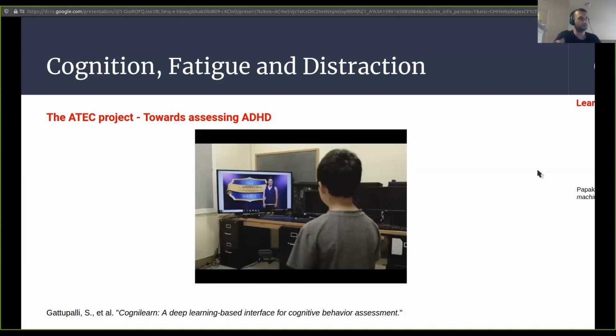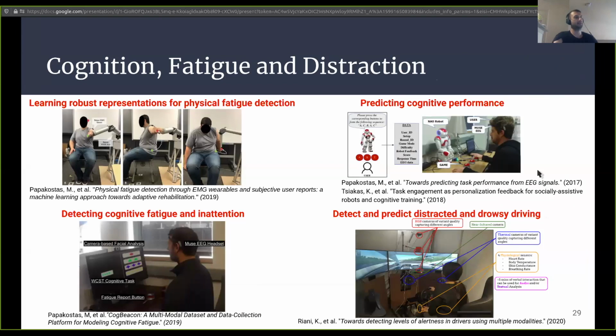And similar to that, most of my recent research interests have to do with, as I said, cognition, fatigue, and distractions. So in recent years, we did several studies trying to learn robust representations of physical fatigue and try to correlate signal representations to actual subjective user reports and see how much generalization there is.